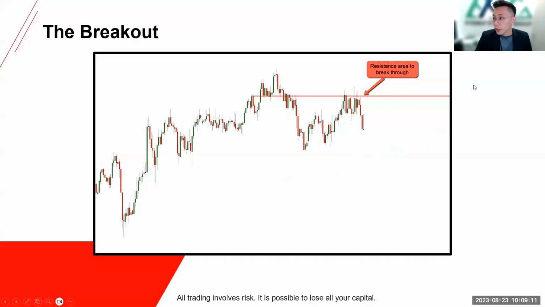Okay, so breakout, what is a breakout? Breakout basically means that price broke out of a major resistance or support level. So that's what we deem as a breakout. The resistance area to break through would be this area right here, because this is an overlap resistance area. We can see price was at resistance right here, broke through, came down to act as a support, right?